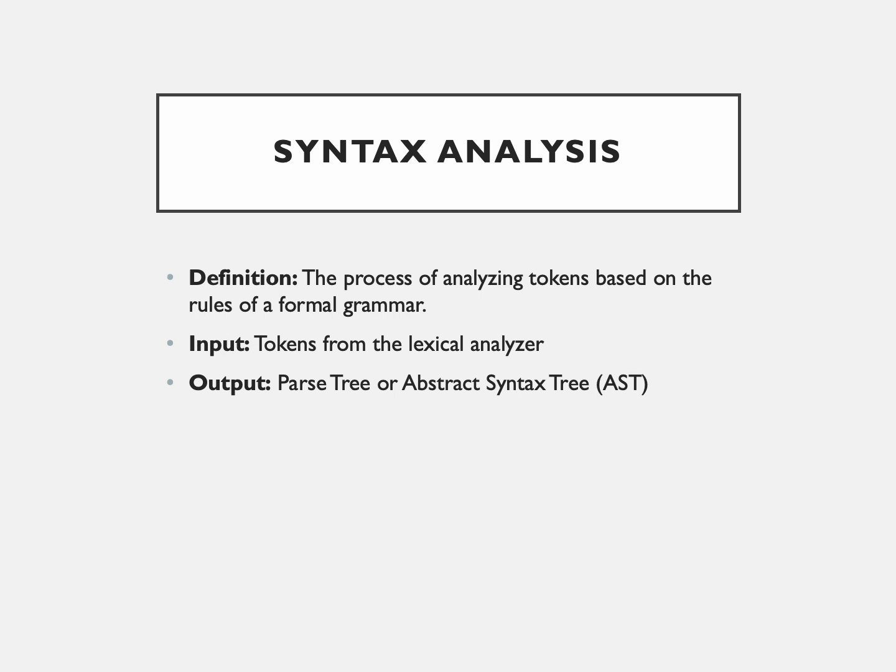Then the output of syntax analysis is typically a parse tree or an abstract syntax tree. These trees represent the hierarchical structure of the code. The AST simplifies the parse tree by focusing on the meaningful elements of the program, omitting redundant grammar rules.